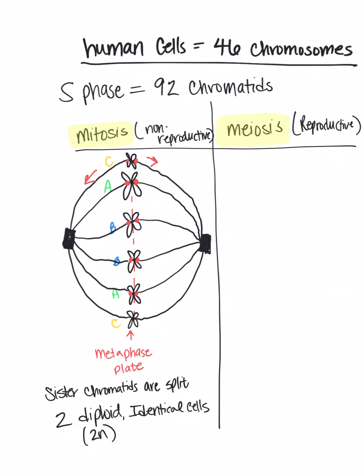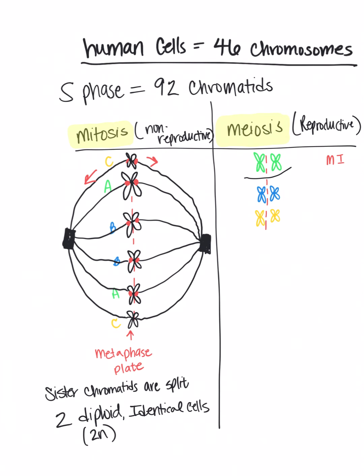Now, in the case of meiosis, there are two rounds of division. But prior to meiosis, there are still 92 chromatids that are going to need to be separated. So let's split this process into meiosis 1 and meiosis 2. So in meiosis 1, it's going to start completely different than mitosis because the homologous pairs do line up along that metaphase plate.